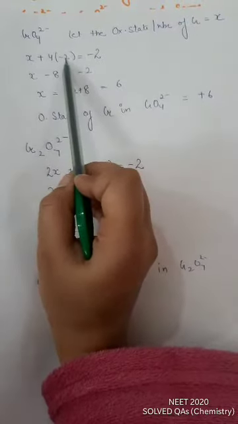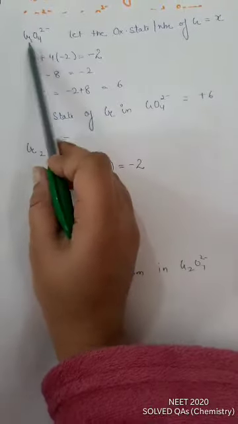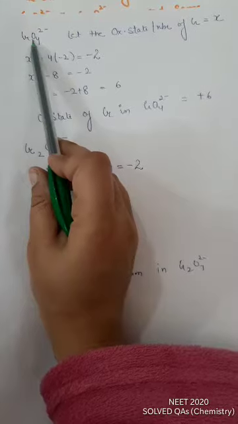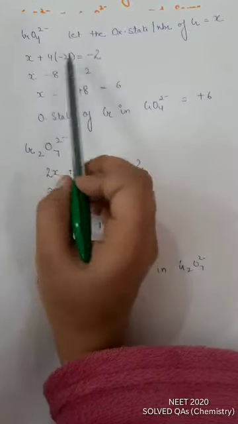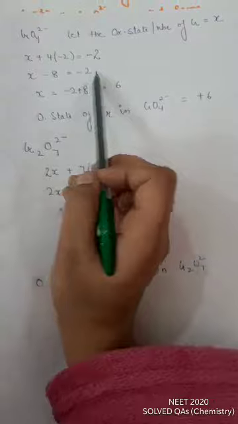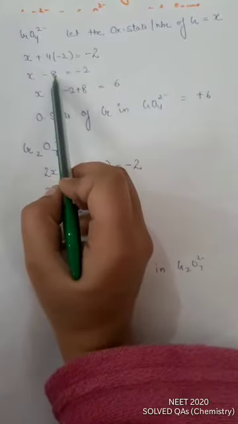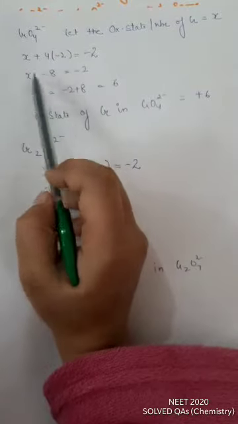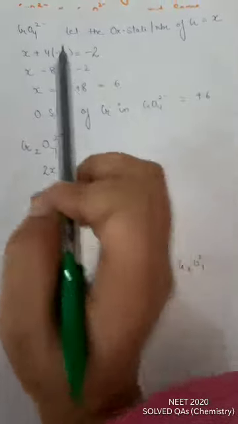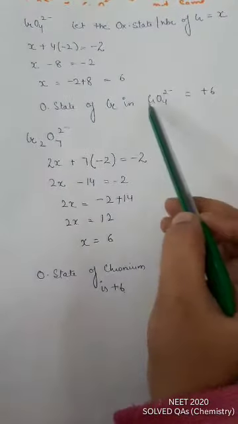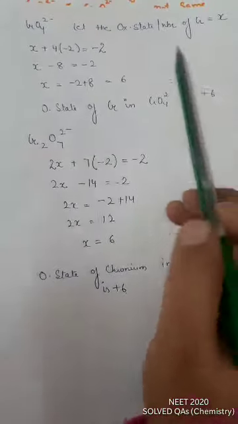Why 4 into -2? Because each oxygen atom has an oxidation number of -2. So 4 into -2 comes out to be -8, and X is equal to 6. So the oxidation state of chromium in CrO4 2- is +6.